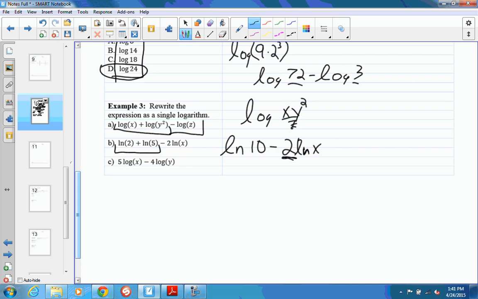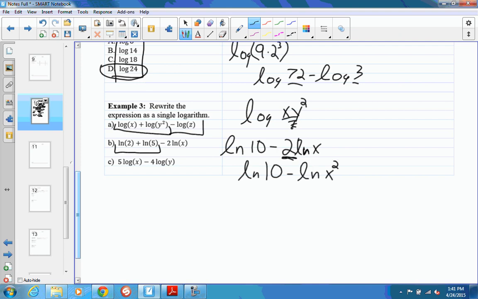You can't have coefficients on your logs when you're doing these properties. They need to have the same base, and they can't have coefficients on them. So to get rid of that coefficient, what am I going to change to natural log of x? This is just ln of 10 minus natural log of x squared.